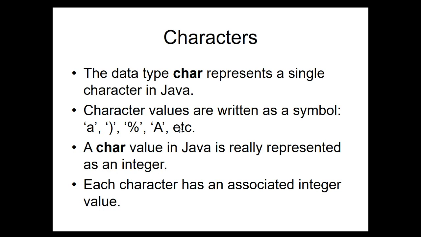So that's completely different. So a char value, like I said, is really represented by an integer, and each of these characters maps to one integer value. So they're all unique. Obviously, they need to be that way.